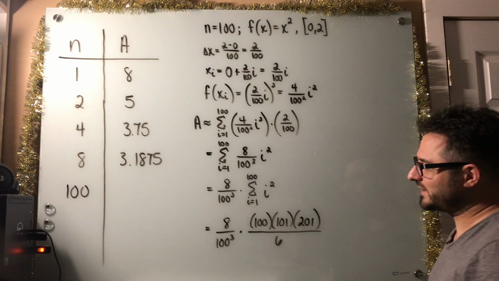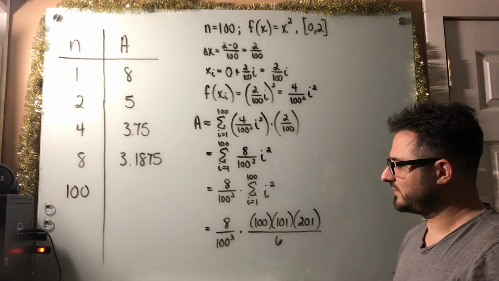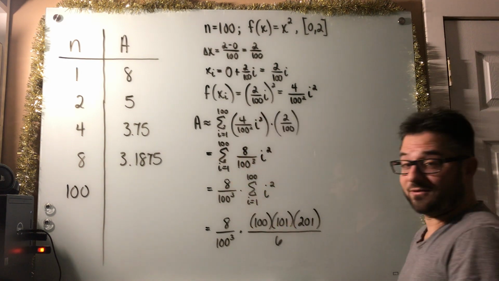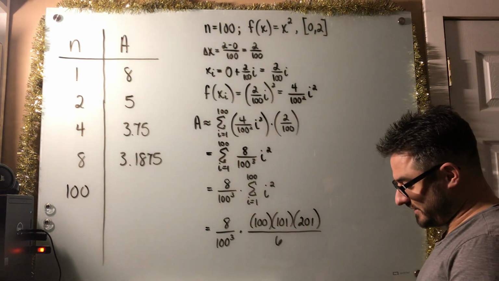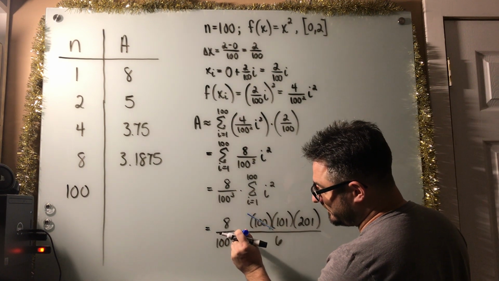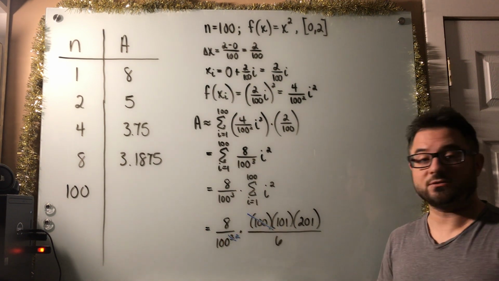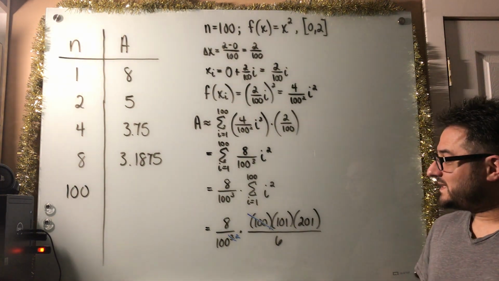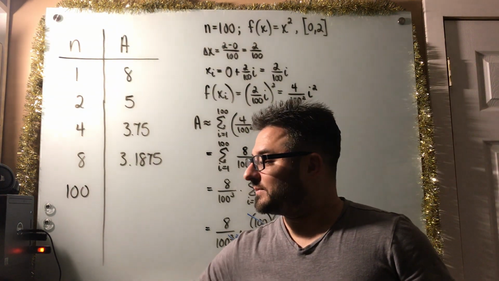Okay, now admittedly we're going to have far less cross-simplifying here than we have in the others. So we can do a little bit. It'll make it easier to type in the calculator, certainly, but we're definitely going to have to go to the calculator for this. We can, at the very least, take out one of those factors of 100 from the bottom. But besides that, we're going to have to go to a calculator.